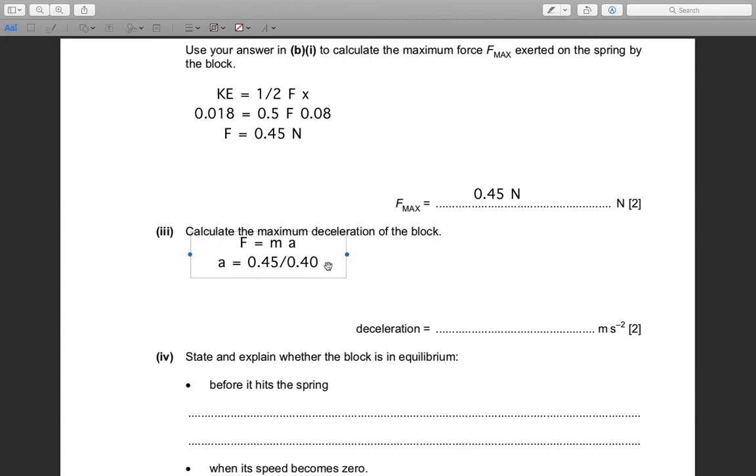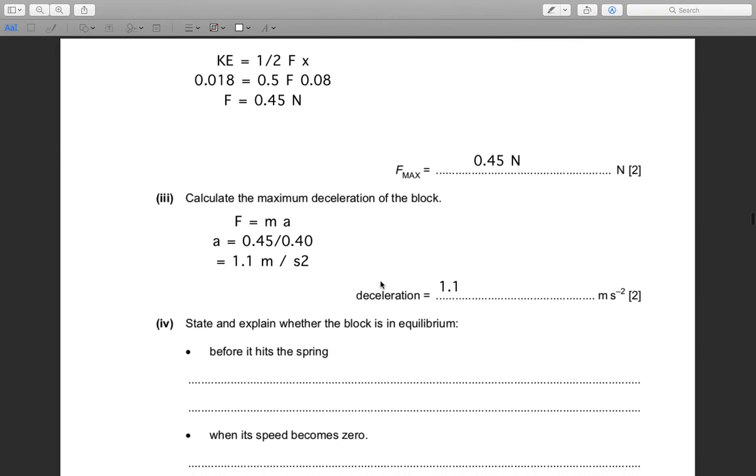We get around 1.1 meter per second squared. Yes, the answer is 1.1 meter per second squared. This is the answer for this question by Newton's second law.